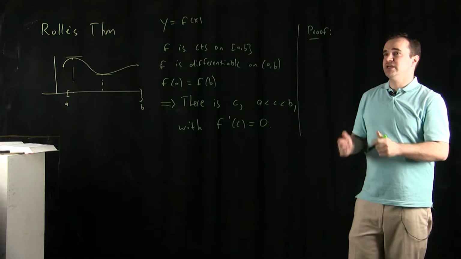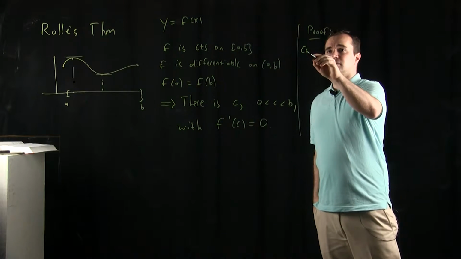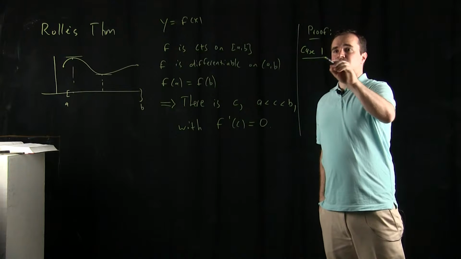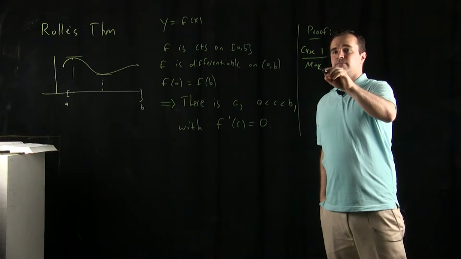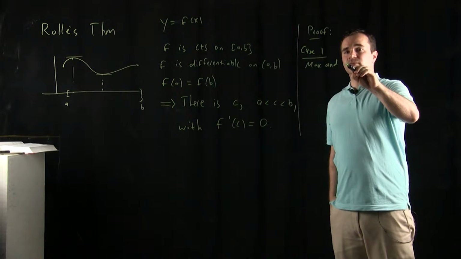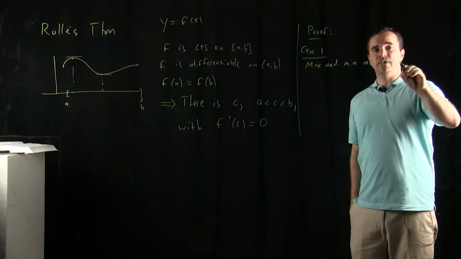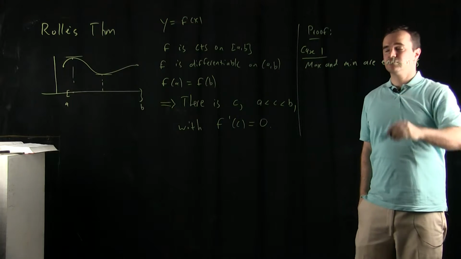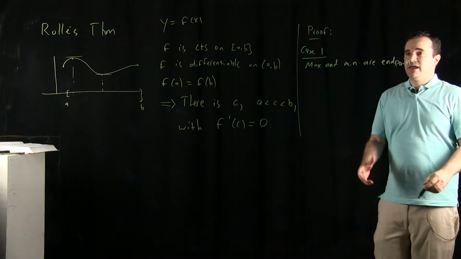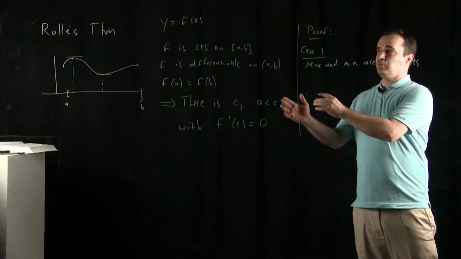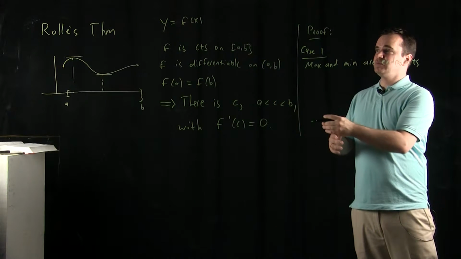And so there's two cases. So here's the first case. The max and the min are endpoints. And if that happens, then one of them should be the max, one of them should be the min.